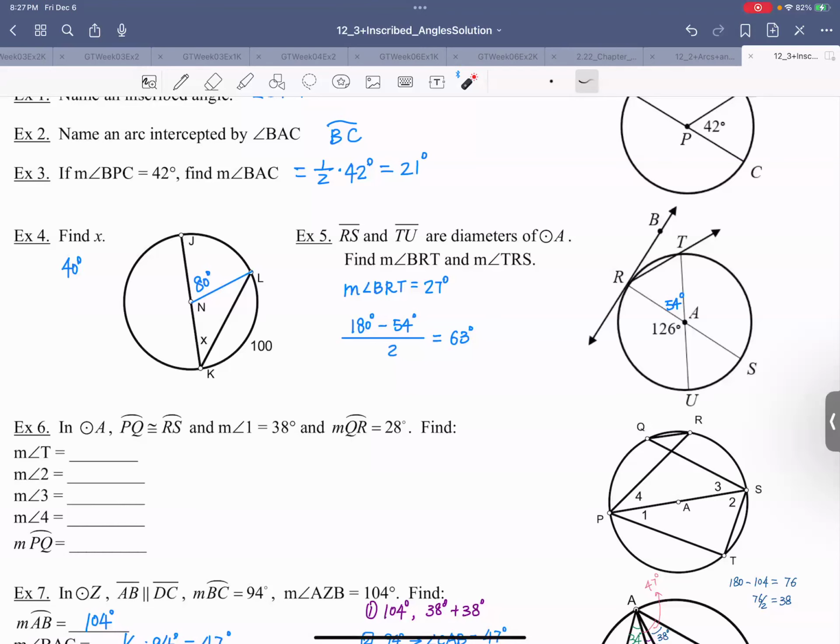Very good, Chloe. Nice work. If you want to try, you can go ahead, try example 7 by yourself. Students, send me your work. Show me your work of number 6.